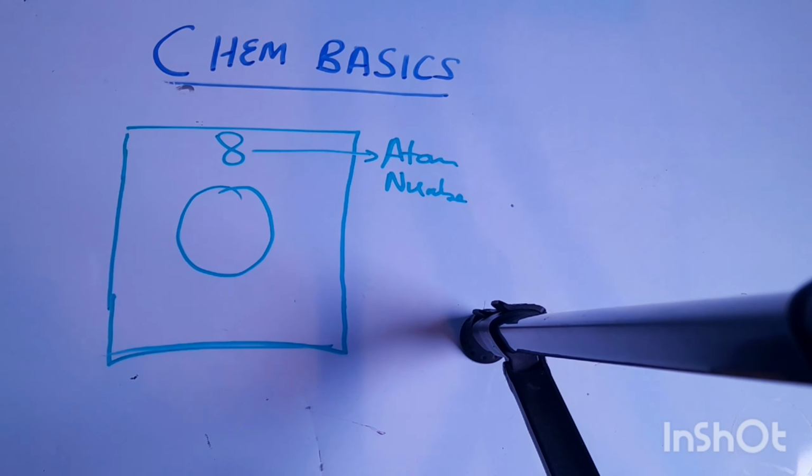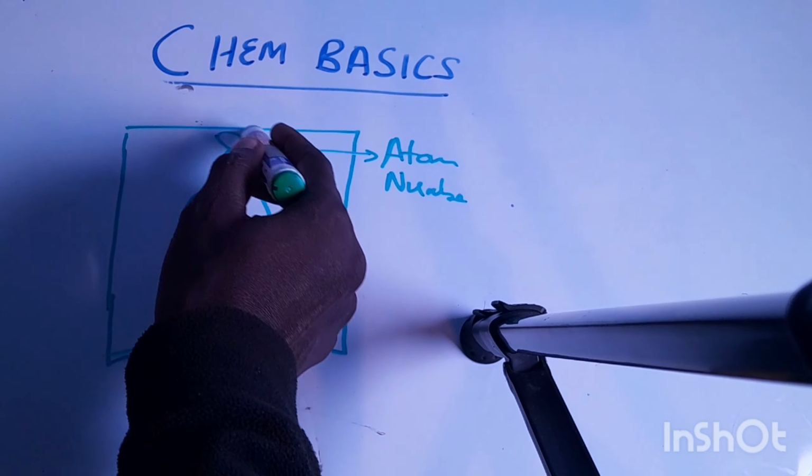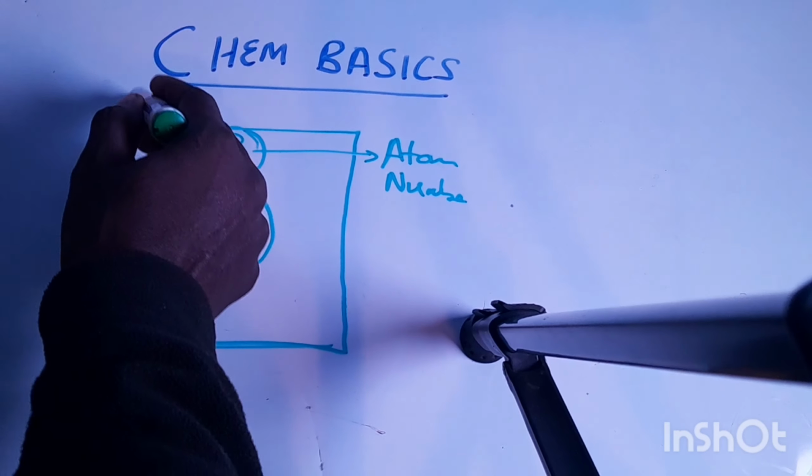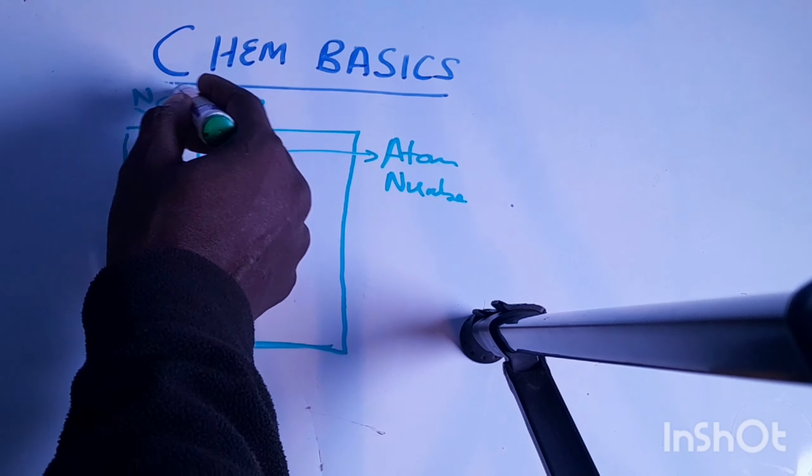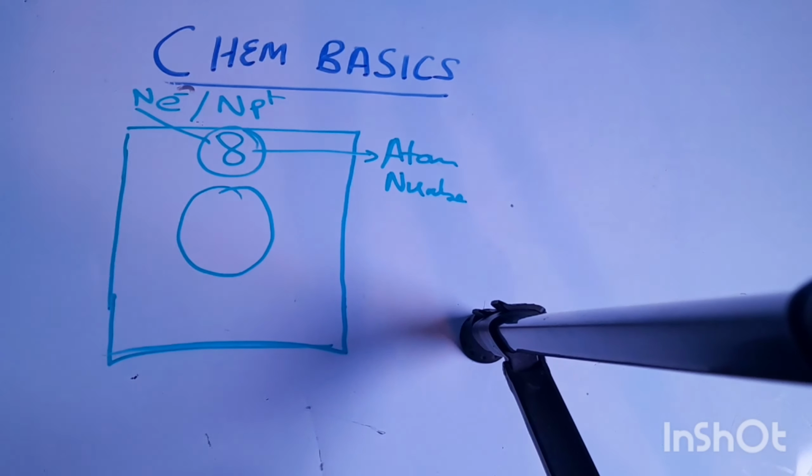I said the atomic number tells us the number of electrons and also the number of protons. So this number shows us the number of electrons and the number of protons, right?